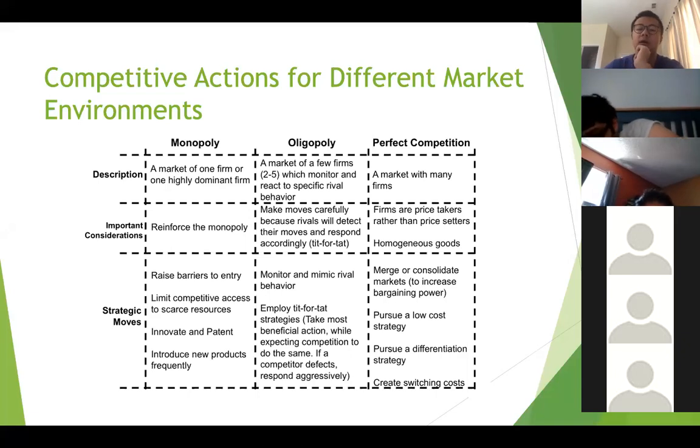So they need to make moves carefully, because rivals will detect their moves and respond accordingly, tit for tat. The perfect competition I think is very easy for you guys, and you have learned it in the economics class, right?